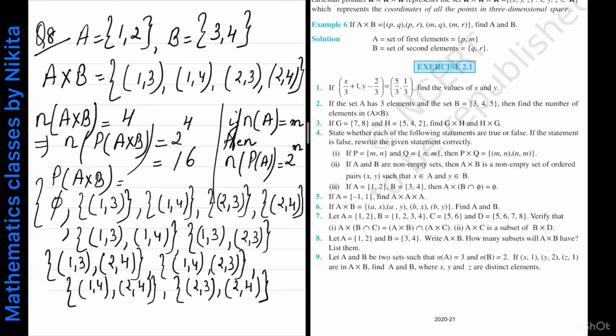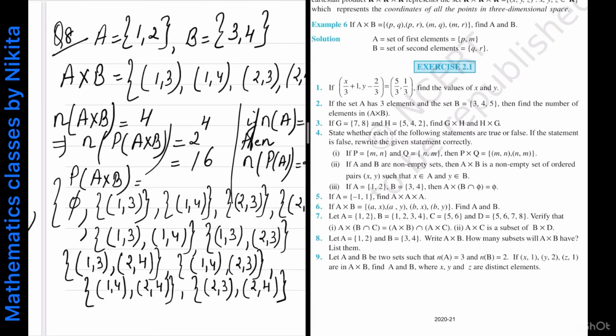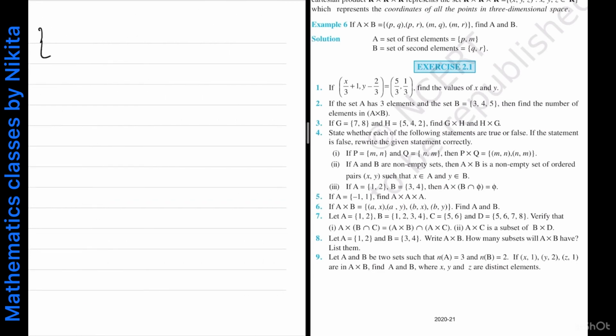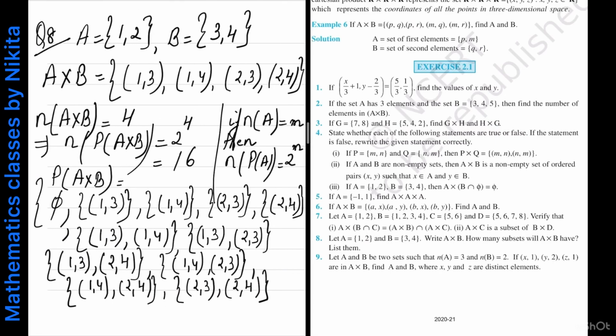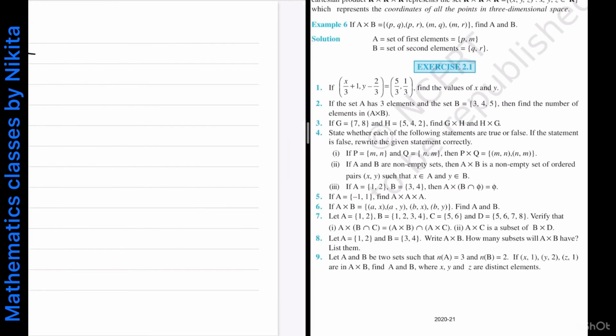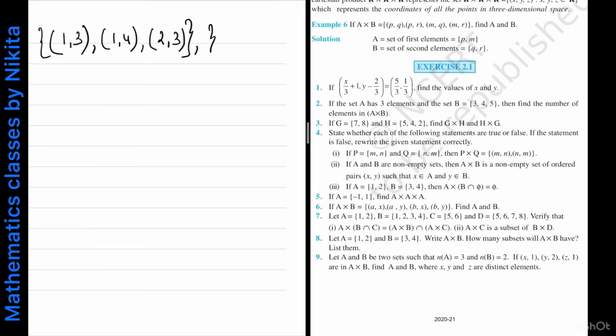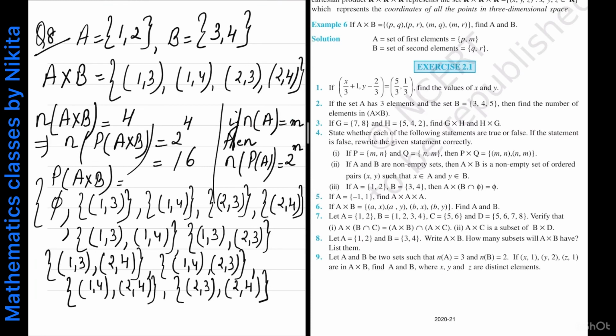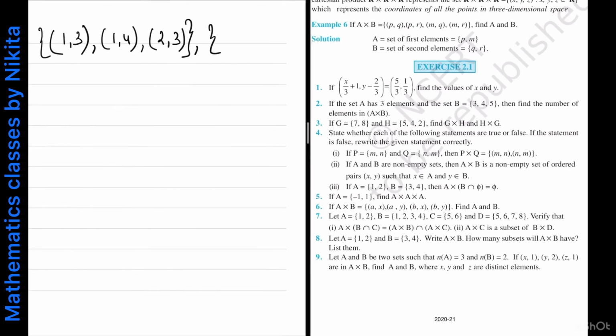Okay, so now next we will write all the subsets containing 3 ordered pairs. So first take the first 3 ordered pairs: (1,3), (1,4), (2,3), and enclose them in curly braces. Now next you will take (1,3), (1,4) and (2,4), enclosed in curly braces.